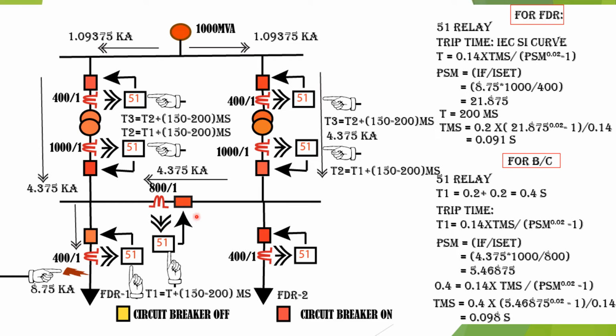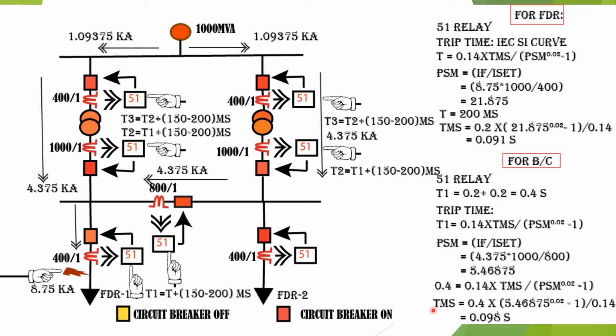For the bus coupler, the fault current will be supplied as half of the fault current at feeder 1. So the fault current sensed by the relay in terms of the primary value is 4.375 kiloampere. So the PSM for the relay connected at the bus coupler end will be 4.375 into 1000 divided by 800, where 800 is the current setting in terms of primary value, which comes as 5.46875.